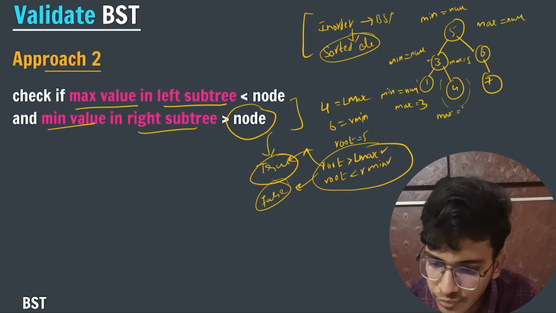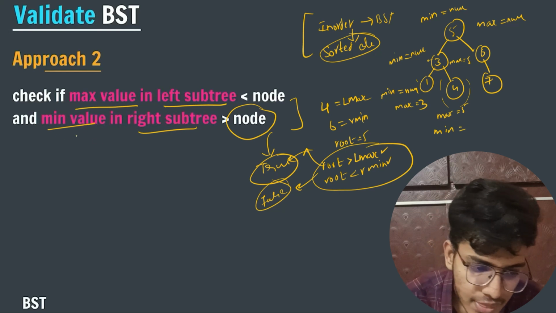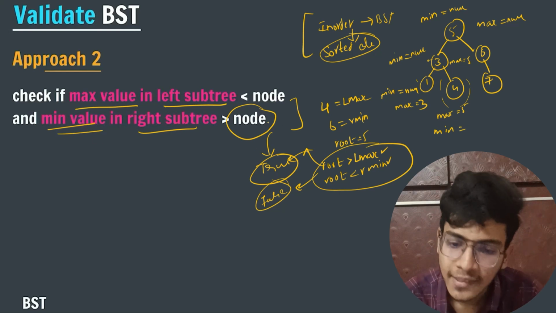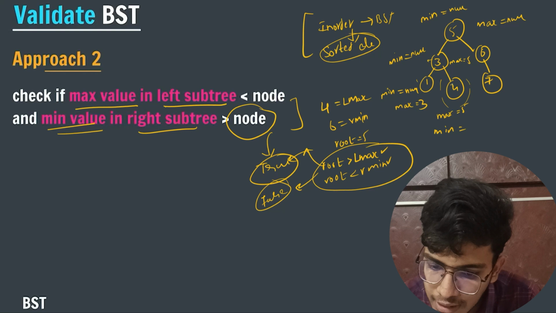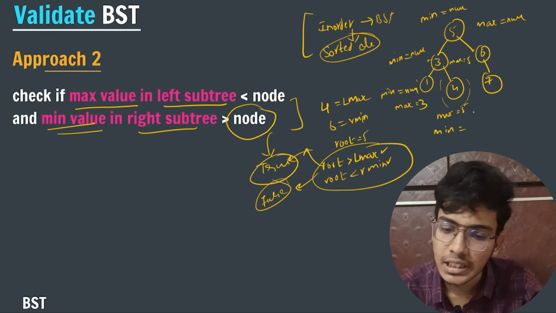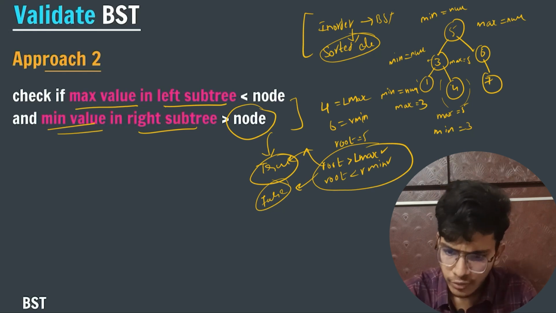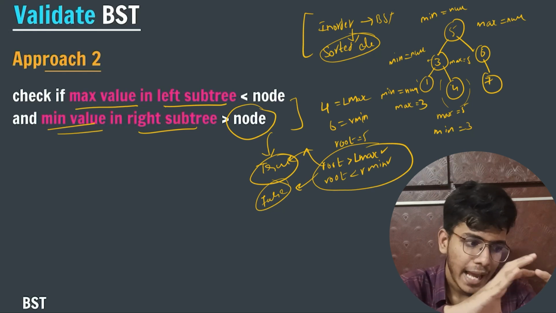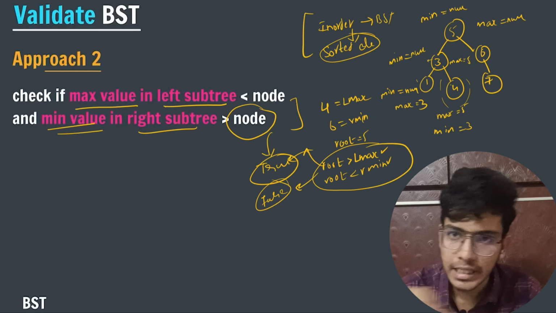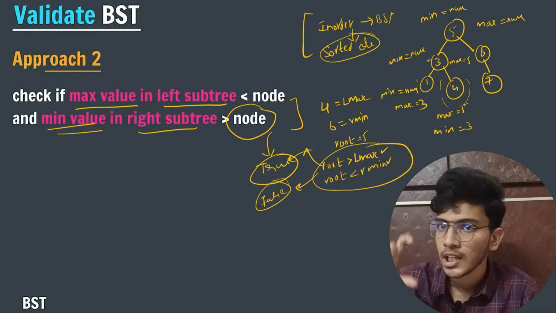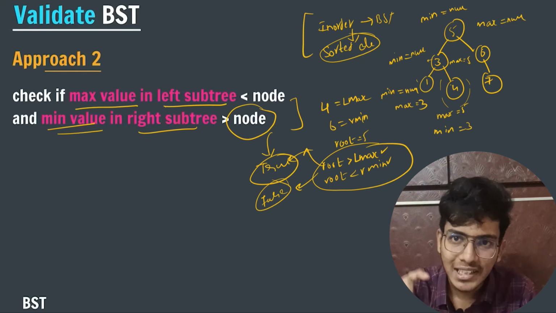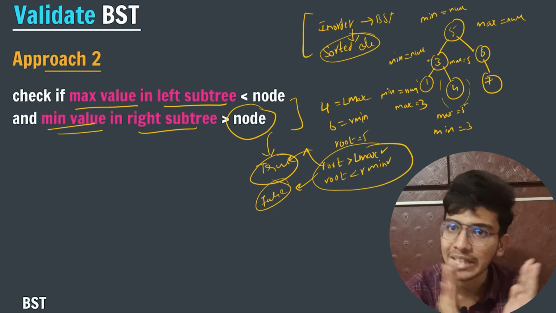So its maximum value is 5 and the minimum value should be greater than the root node. So for this particular node, its root node is 3. So the minimum is 3. It means that for this node, at the 4th position, it can have the minimum value as 3 and the maximum value as 5. So whatever values lie in between this range, it can take any values.